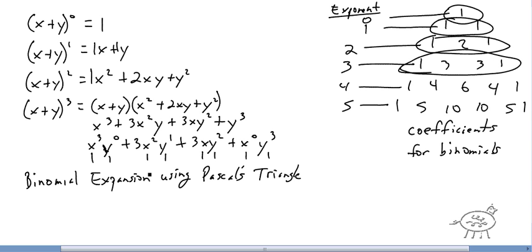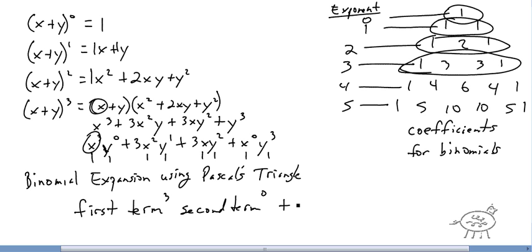These are coefficients, and you start out, and I should mention this too, this x cubed is your first term. Before I do an example, it's the first term to the third power and the second term to the 0 power.